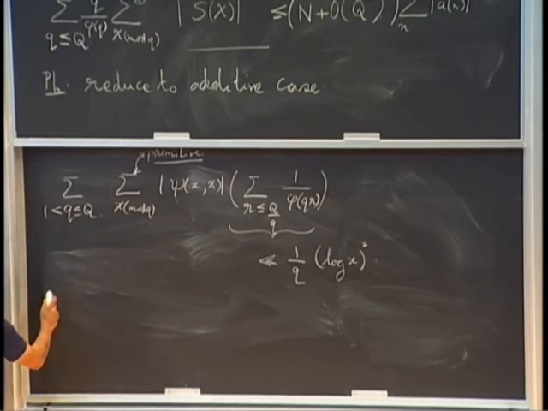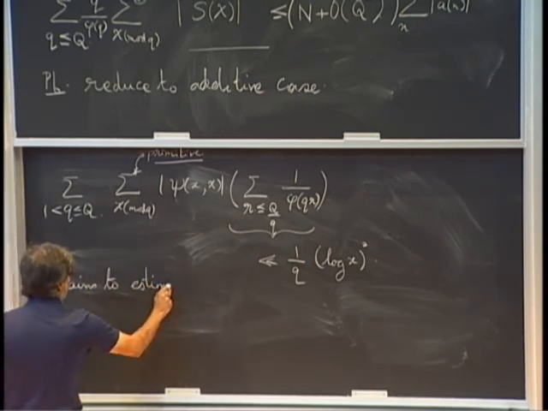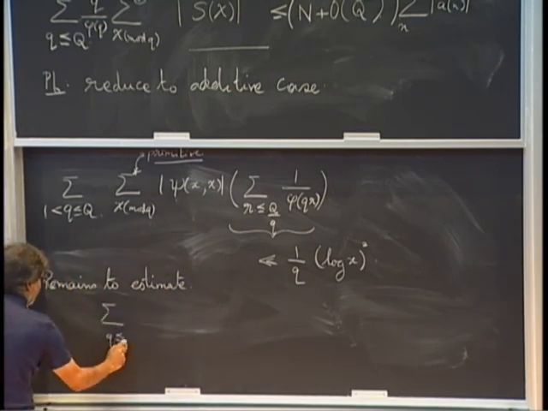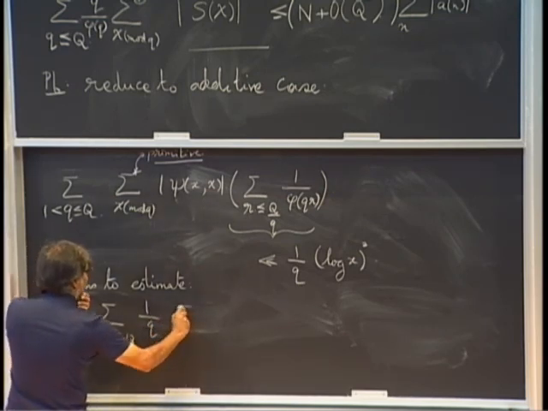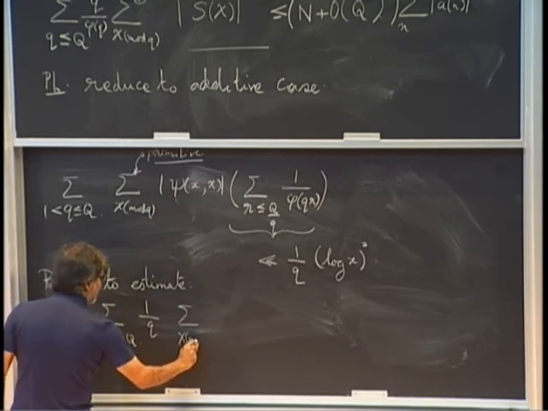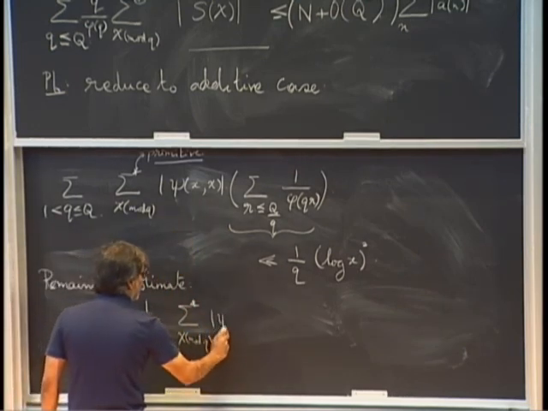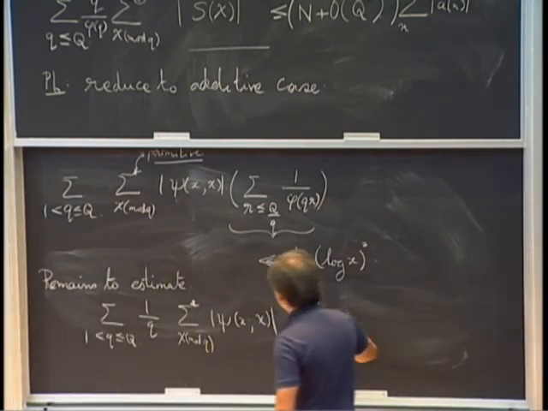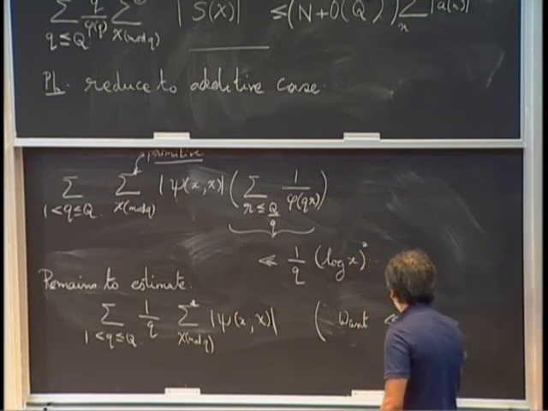It remains to estimate the sum over q up to Q of 1 over q, and now I have a sum over primitive characters chi mod q of psi(x, chi), and I want to save, so I want that this is less than x over log x to the A.